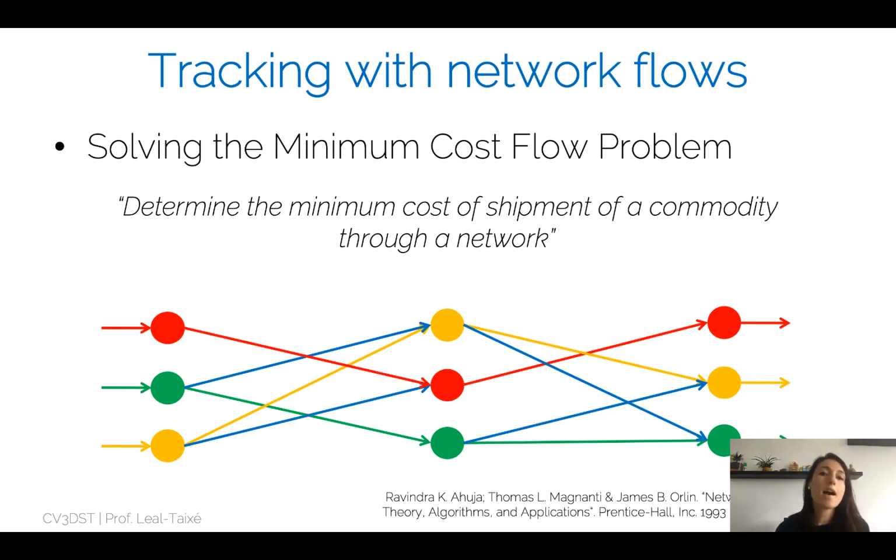In this case, our commodity is our pedestrian, and I want to determine the path with minimum cost for which I can send this pedestrian from the beginning of the video towards the end of the video.